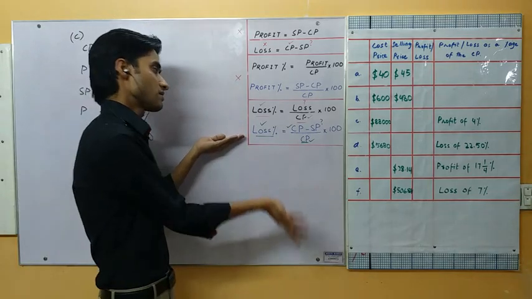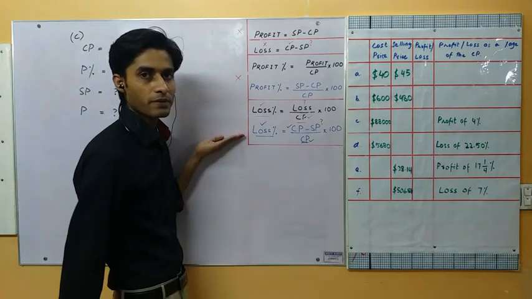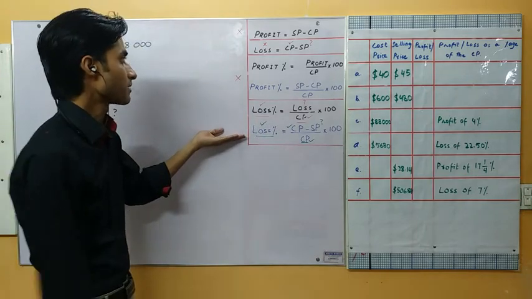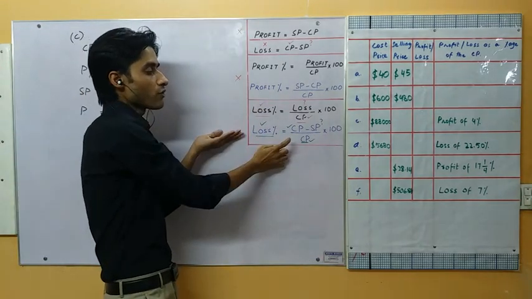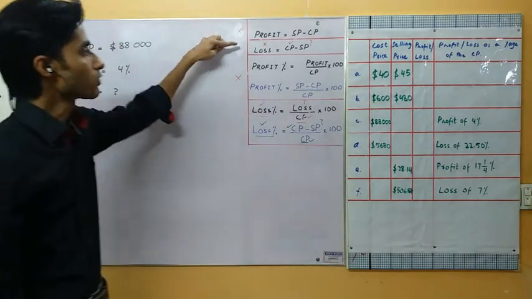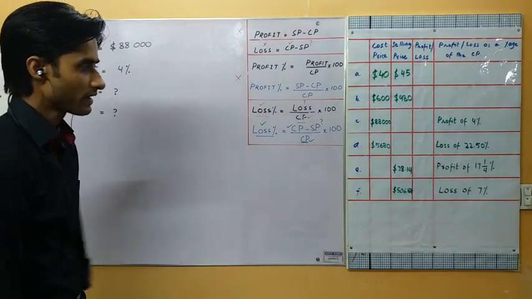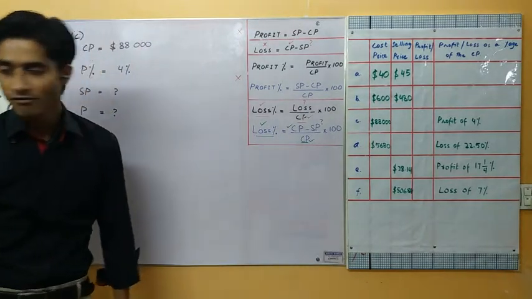If you want, you can still go back to this formula, but obviously that will be a longer procedure as compared to this one. After you have found out selling price here, you can then find out loss. So again, these are two options that we have available.